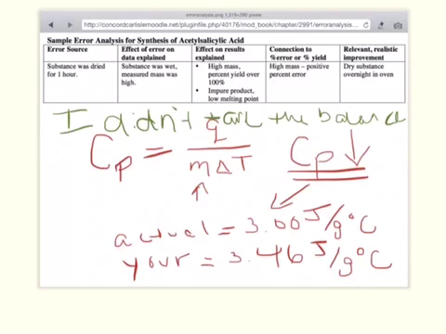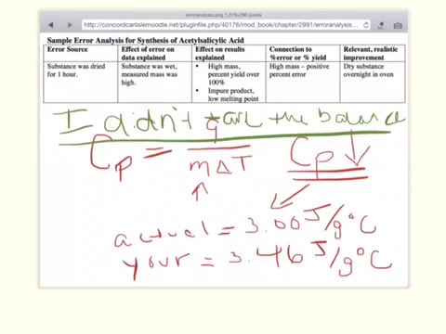Don't use stuff like that. Why? Because I'm going to be very curious why you didn't tare the balance. That's something that everybody should do and know how to do. Don't say things like, I didn't read at the meniscus. That's also something you should know how to do by this point.